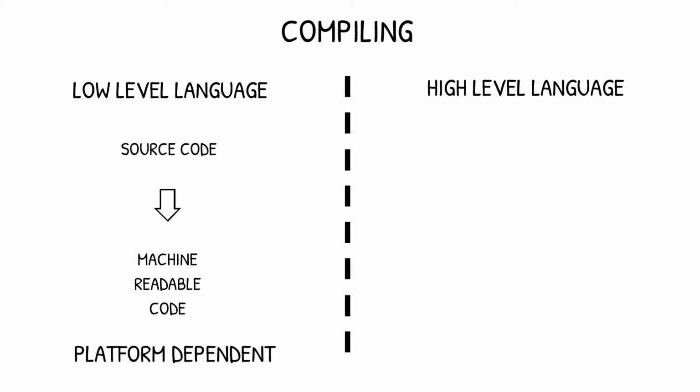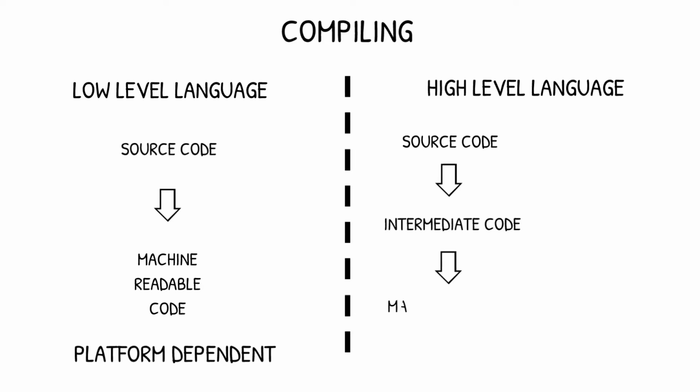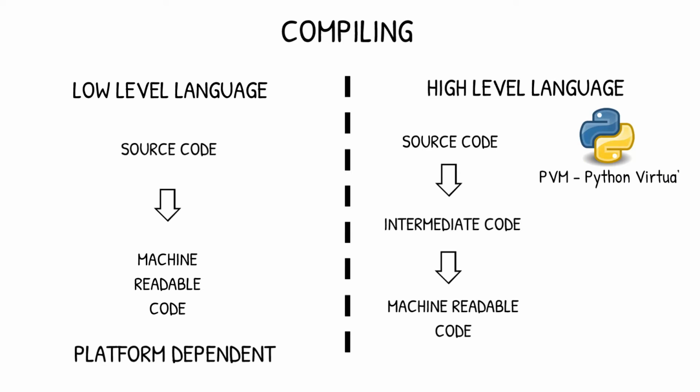For example, assembly language. On the other side, a high-level language compiles the source code into an intermediate code, and then the interpreter will convert the intermediate code to machine-readable code. The interpreter runs on a language-specific virtual machine. For example, Python has PVM, which stands for Python Virtual Machine, and Java has JVM, which stands for Java Virtual Machine.